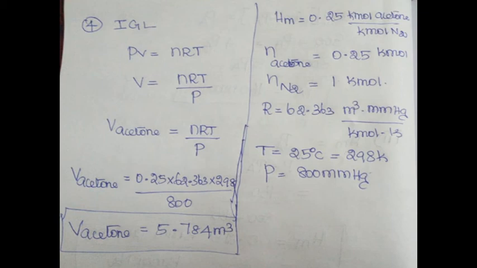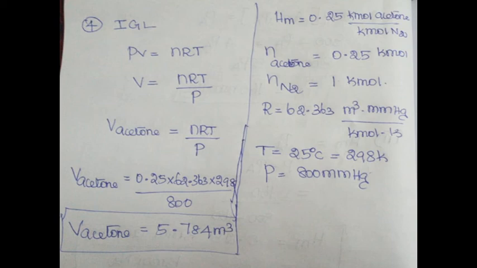So in terms of mmHg, the capital R value is 62.363. Are you clear? Okay. The temperature is given, the ordinary temperature 25 degrees Celsius, converted into Kelvin: 25 plus 273 means 298 Kelvin. Pressure is given as 800 mmHg. Are you clear?